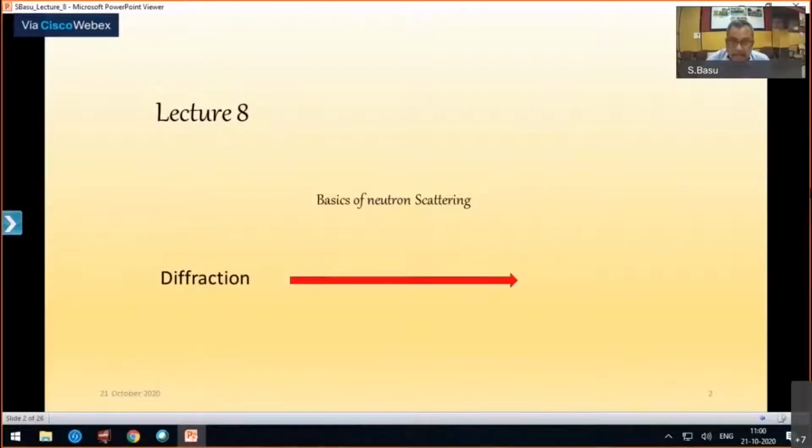Next part of the diffraction, which I couldn't discuss last time, is the diffraction from liquid and amorphous systems. Here, neutrons do have an edge over all other techniques because of their deep penetrability in mediums. And at the moment, I'll be discussing it pretty briefly.